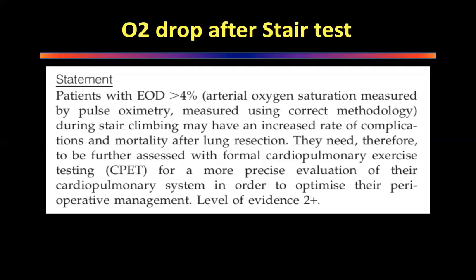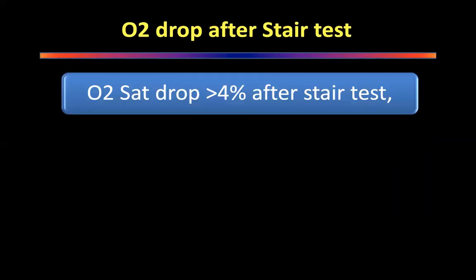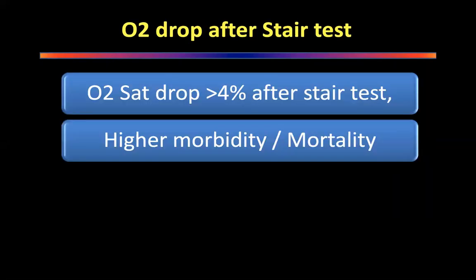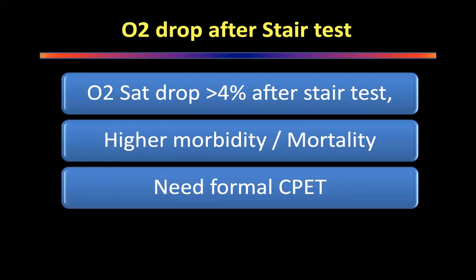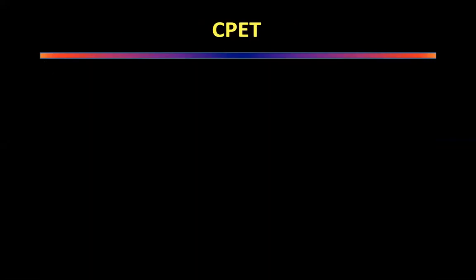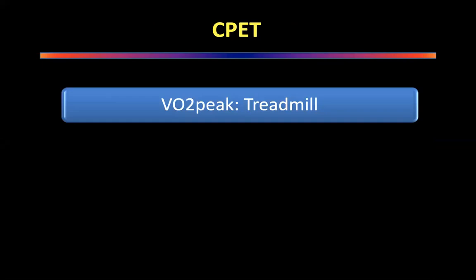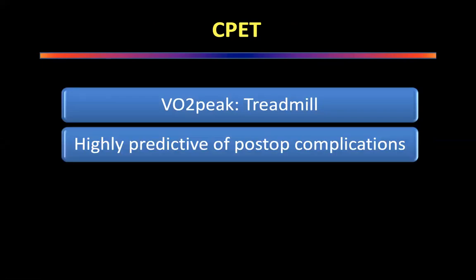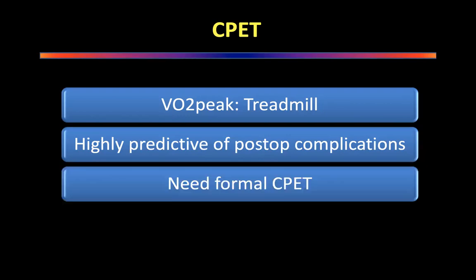We are not clear about it. Oxygen drop after saturations, we said a 4% drop in oxygen always indicates morbidity and mortality. So you need to do a formal CPET in this group. So what about CPET? What is the recommendation? VO2 peak should be done on treadmill, highly predictive of post-op complication. So the split level function should be done to give you an idea of what is needed.